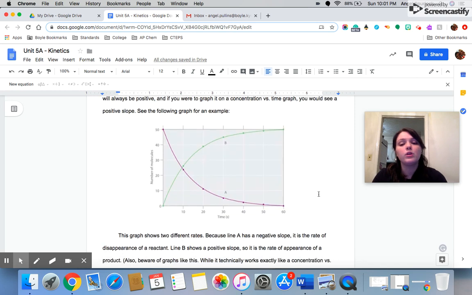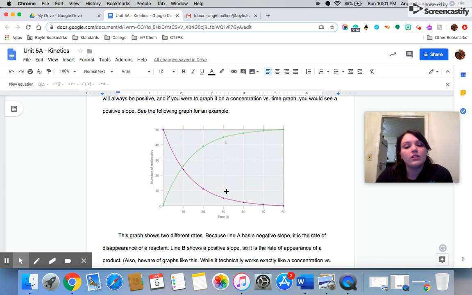So in this example here, it's a great example because it shows us both. Now this is a concentration versus time graph. And like I said, concentration is not equivalent to rate, but this is the exact relationship that the rate law gives us, concentration over time. So we can look at this graph to help us determine how the rate is changing throughout the reaction.